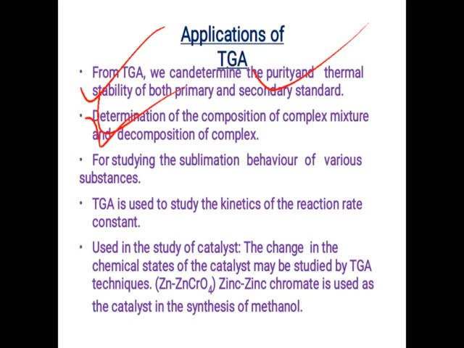By comparing with the standard, we can come to know that the given mixture consists of two samples, that is silver nitrate and calcium oxide. So like this, we can determine the composition as well as the decomposition pattern of the complex or the mixture.